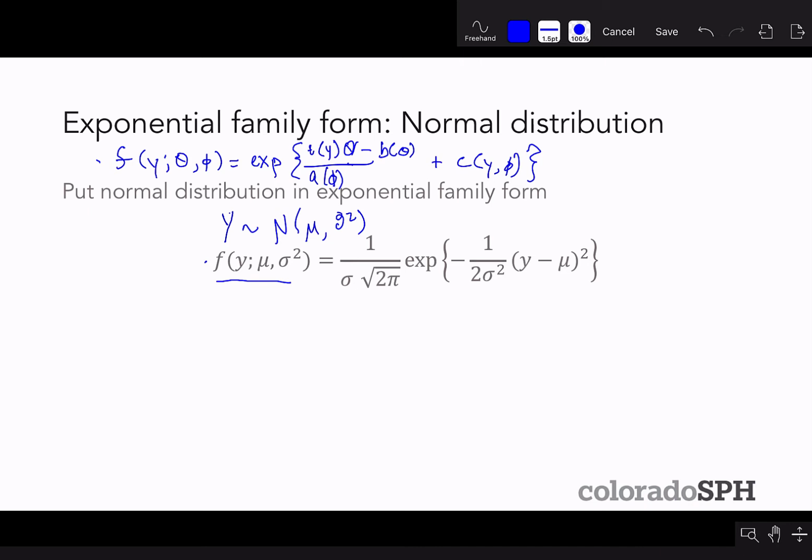So the first thing I'm going to do is take the log exponent of this constant here. It's a rule of log and exponent that if you take the exponent and the log of something, then it's equal to just the something with no log or exponent.